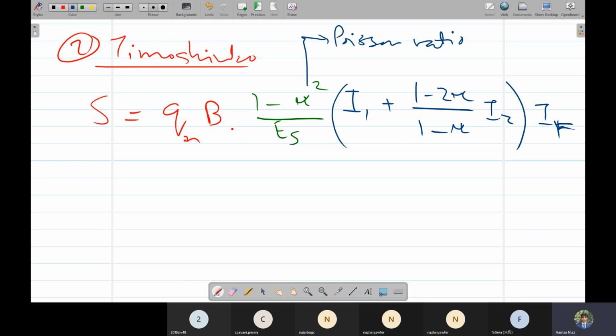For this we have variables Q and B, which will be given depending upon the footing base and contact pressure. Mu is the Poisson ratio. ES, the modulus of elasticity of soil, would also be given, or we can use some empirical relation to calculate it. I1 and I2 are two factors; we'll come to them later on.